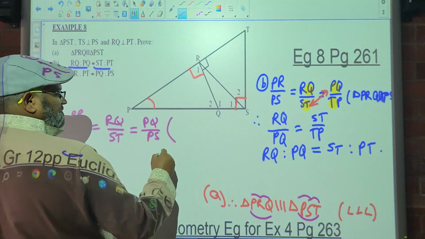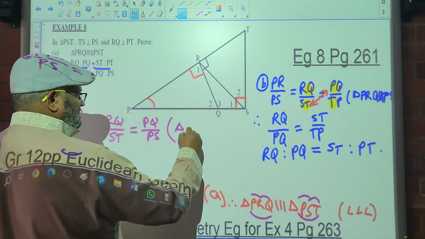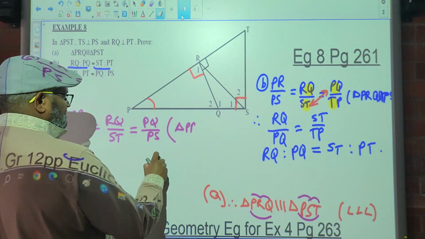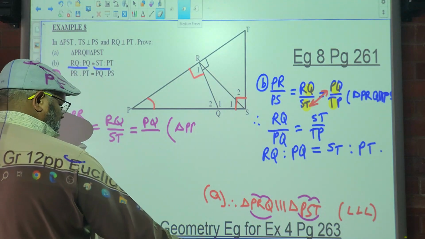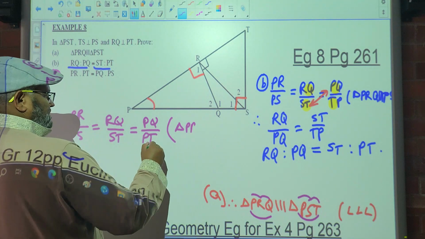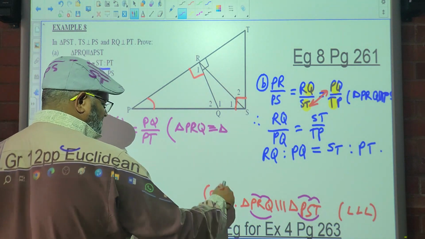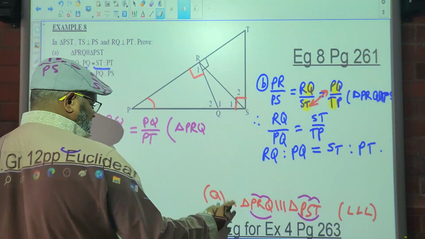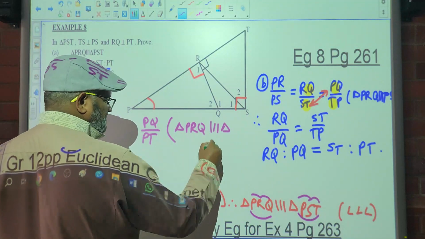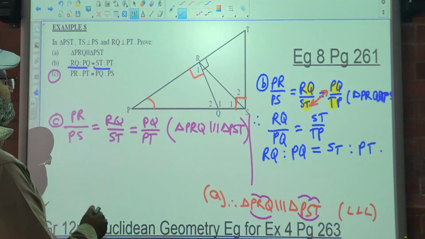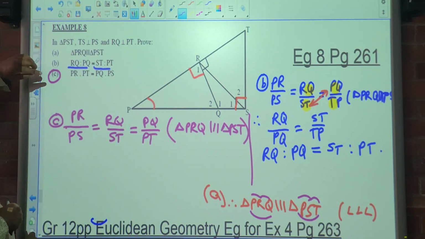Why? Because triangle PRQ is similar to triangle PST. So let's see what they want. They want PR.